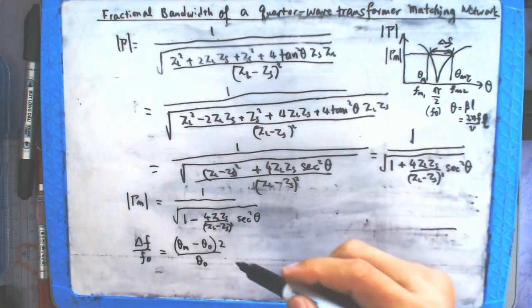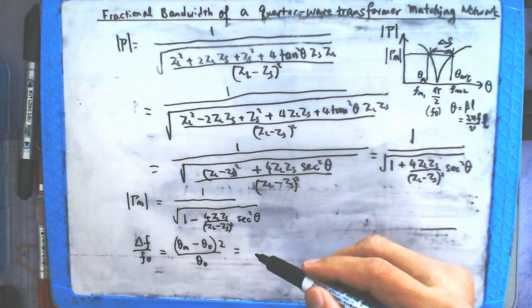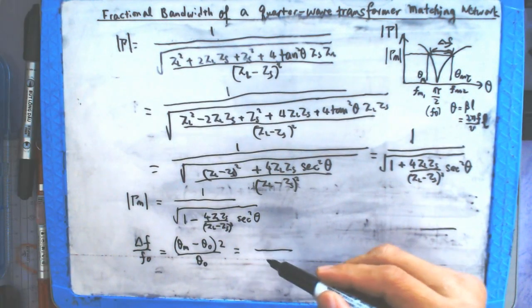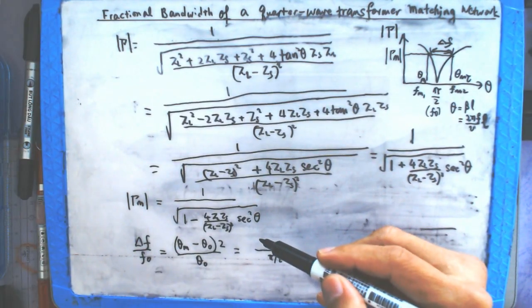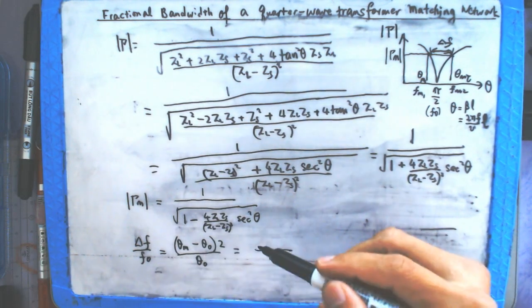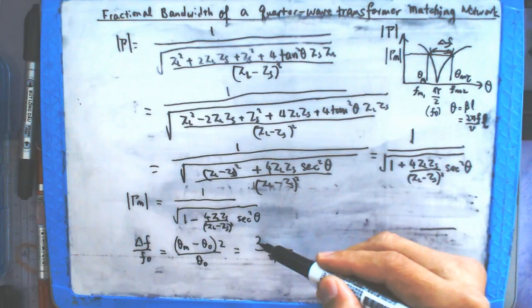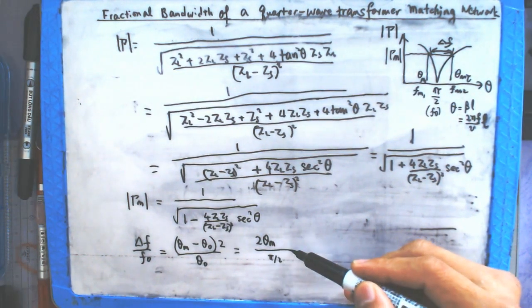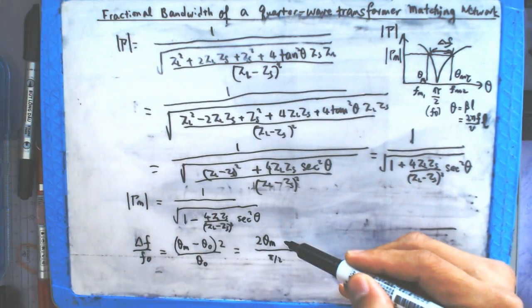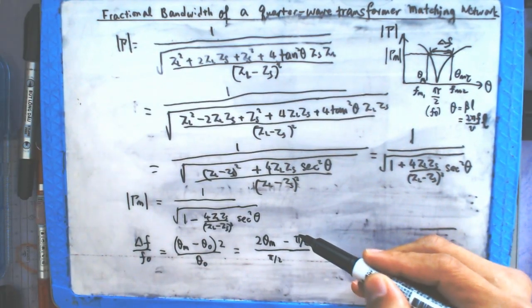And beta L naught, according to here, is pi over 2. And beta m will be found out later. And beta naught is pi over 2 and then times 2.